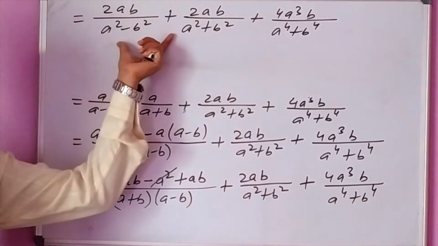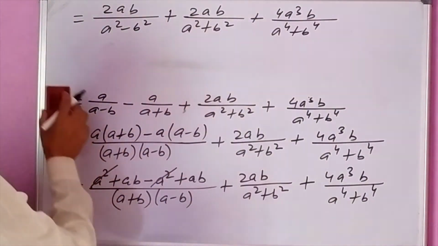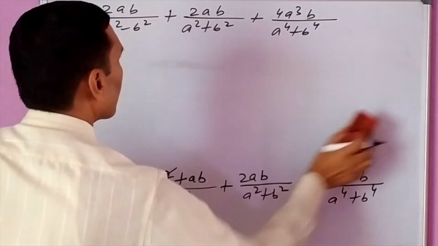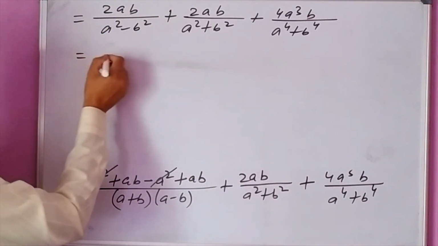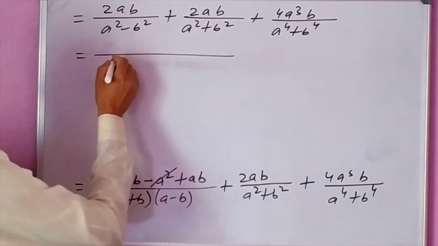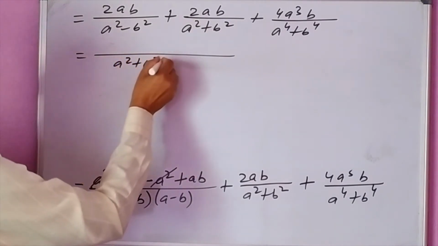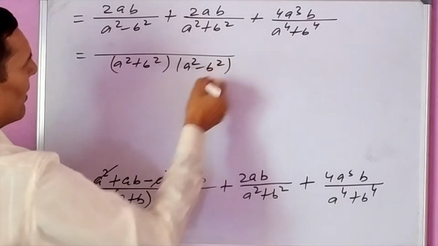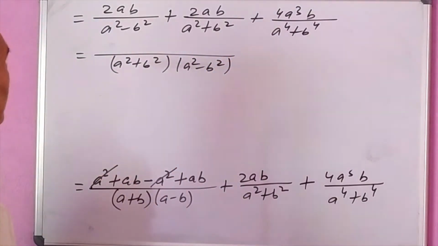Now again we take the LCM in the first two terms. We are taking the LCM turn by turn. So what is the LCM? A square plus b square, and the second denominator a square minus b square, the first denominator. So this is the LCM.